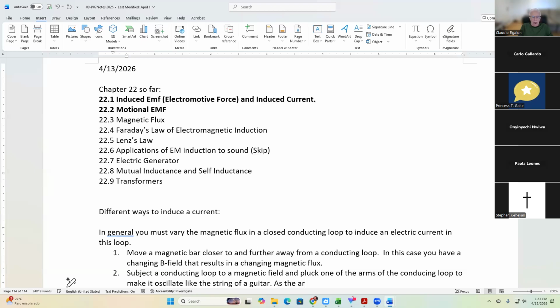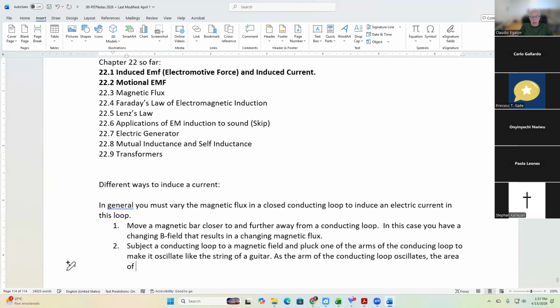As the arm of the conducting loop oscillates, the area of the circuit changes in time, A as a function of t.